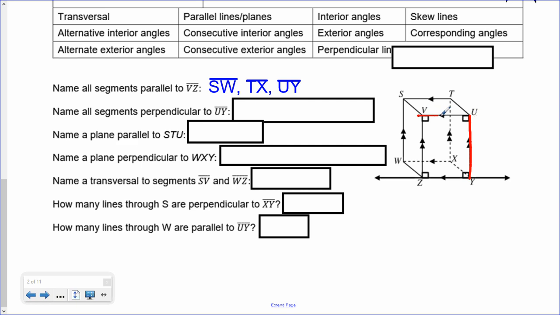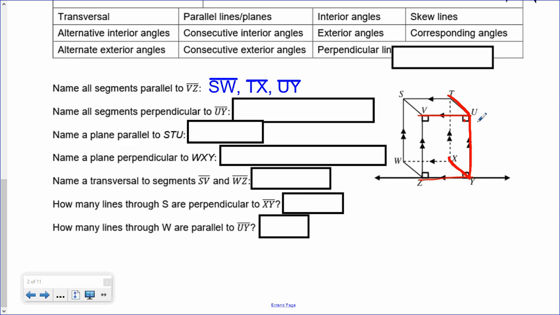So I automatically know that this side right here is going to be perpendicular because they create this 90-degree corner. I also know that this side is going to do that because it also creates a 90-degree corner. Now you'll notice in the picture that these are the only 90-degree angles that we have drawn in the picture here, but there are actually two more sides that are perpendicular to UY, and they are TU and XY.